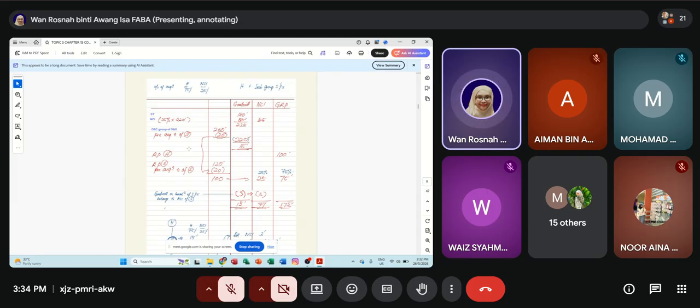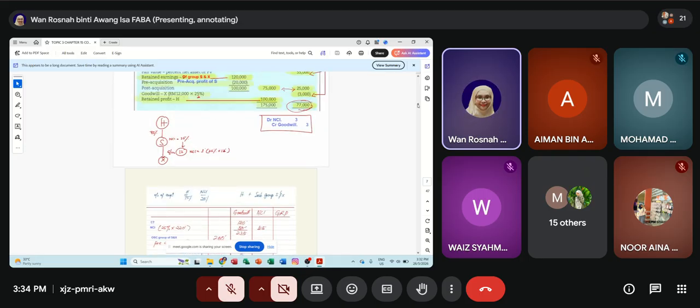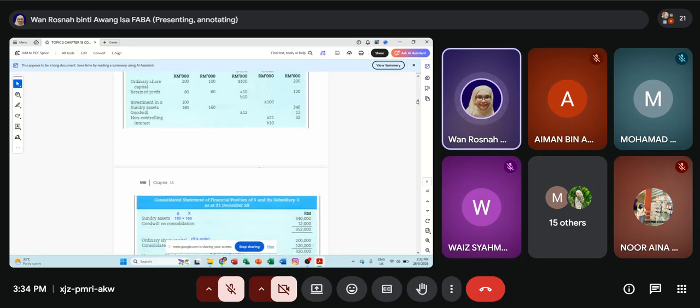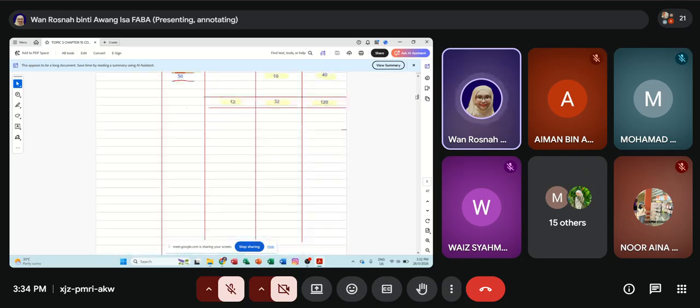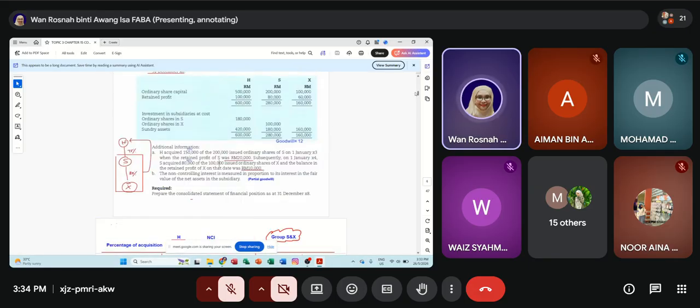Okay, and then you get the NCI portion. And of course, retained profit for holding, straight away you transfer to group. Last week I mentioned why you have to transfer H only, 100,000. Okay, transfer straight away to group here.